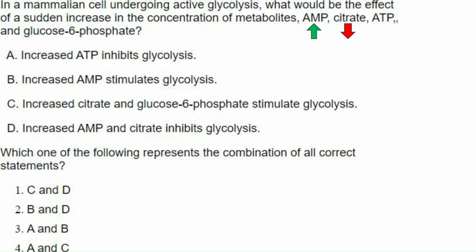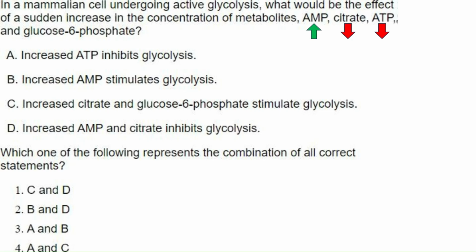So D is wrong because AMP doesn't inhibit glycolysis. So we have our 50-50 lifeline here. The options 1 and 2 are out of the window. Now ATP, increased ATP will inhibit glycolysis by inhibiting the activity of PFK1. So situation A is also correct.